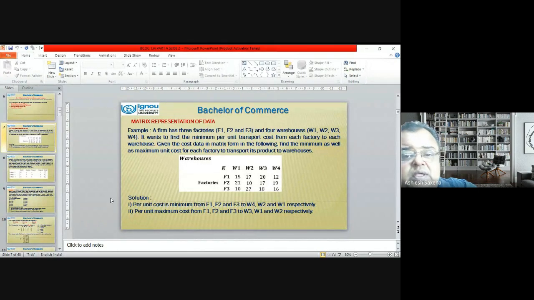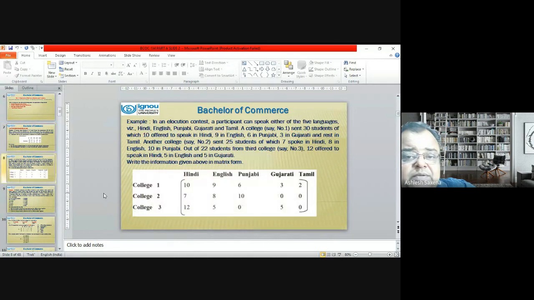Now we have to find what we are supposed to find. We have to find per unit cost is minimum from F1, F2, F3 to W4, W2, W1. How? And per unit maximum cost from F1, F2, F3 is to W1, W3, W2. Now the thing is how we can find it.